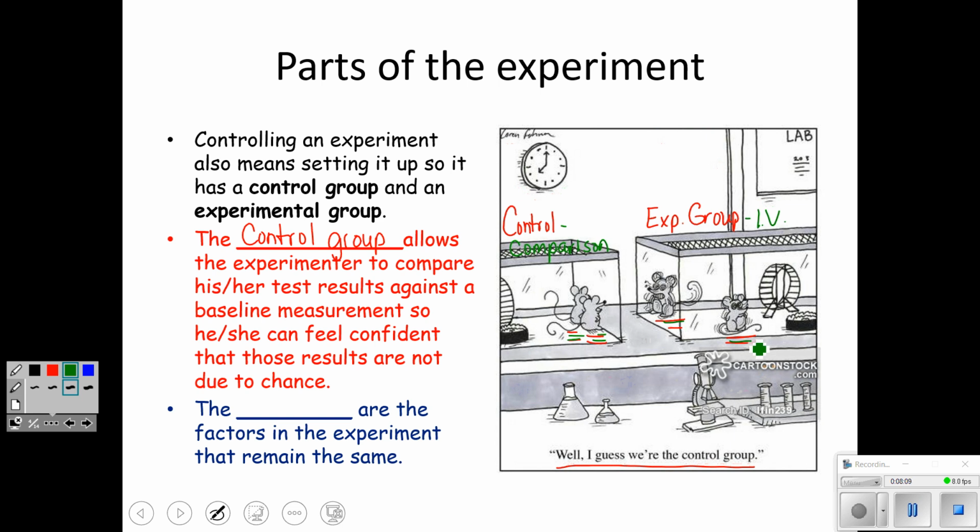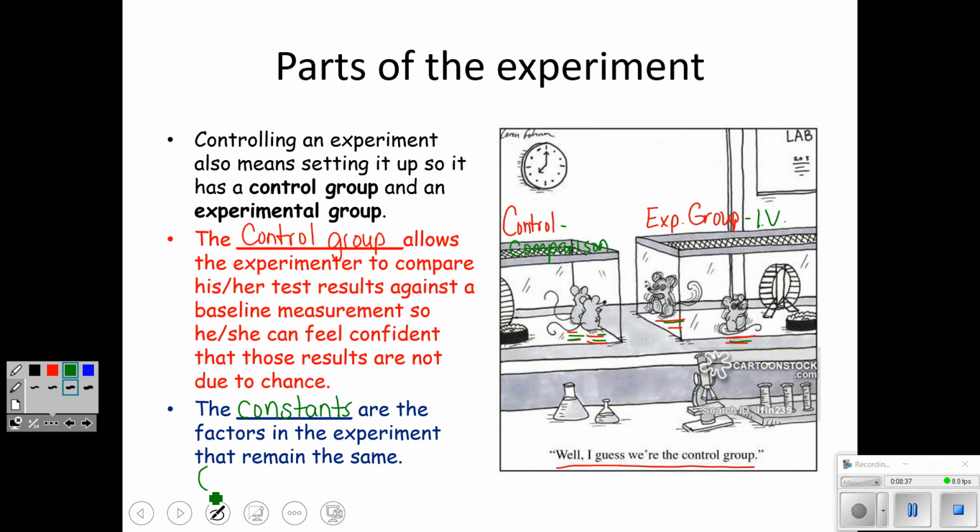All right? Now, one final thing about your experimental design are constants. So if I say, like the word insinuates, if I say she constantly talks, that means that she talks all the time. So constants are the things that always stay the same in an experiment, and they are very important.